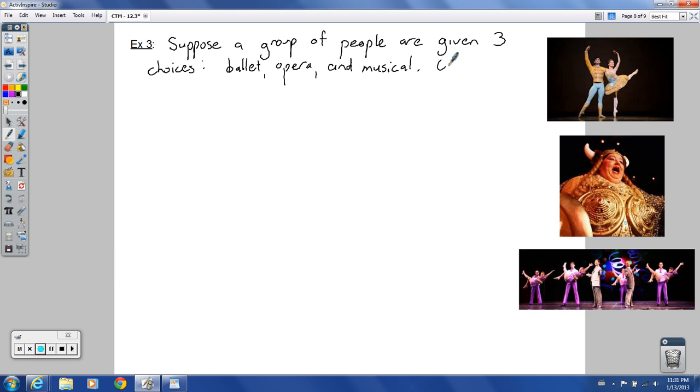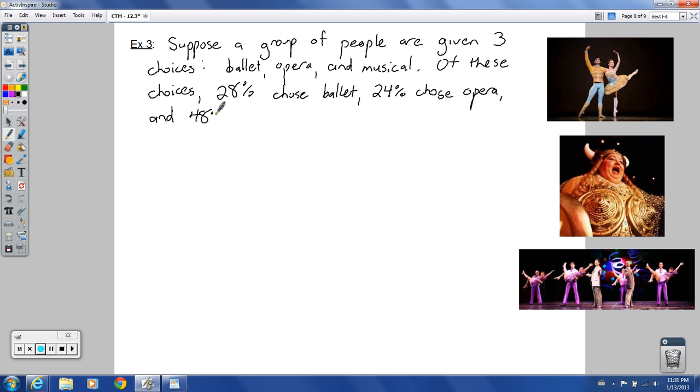Of these choices, 28% chose ballet, 24% chose opera, and, that's what that adds up to, sorry, 48% chose musical.